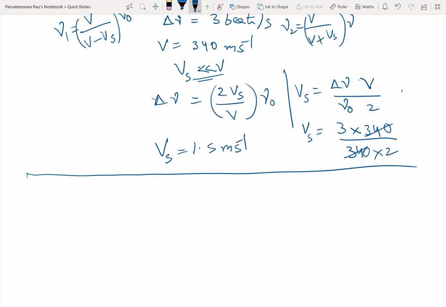To an observer, the pitch of a stationary source of sound appears to get reduced by 20%.